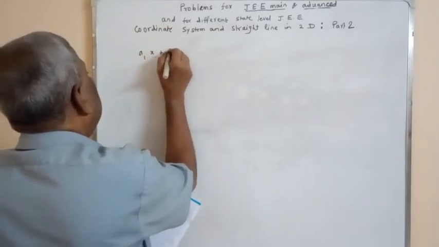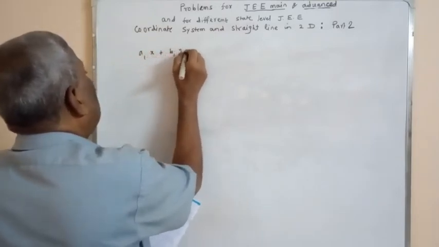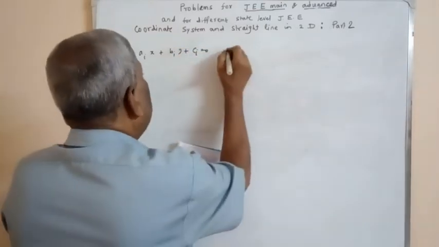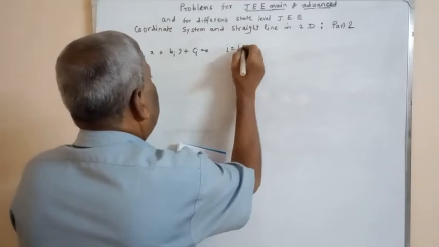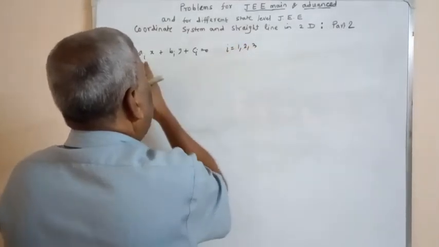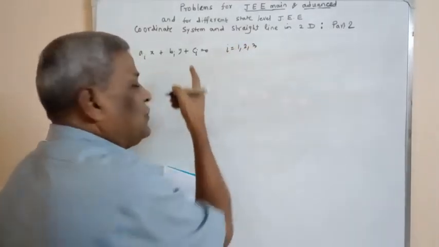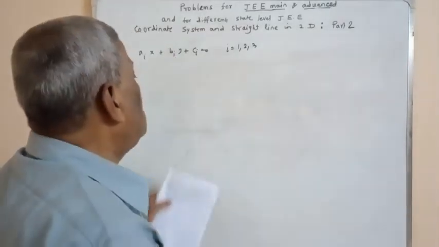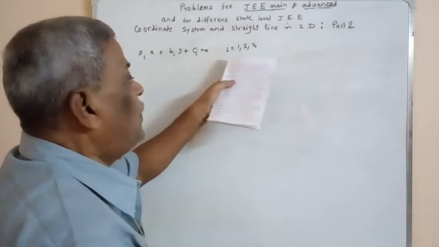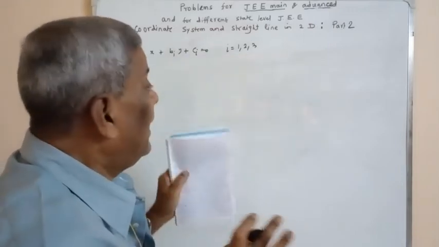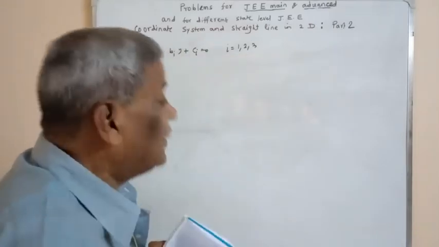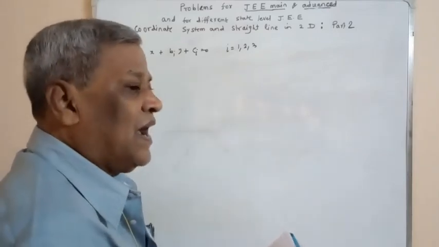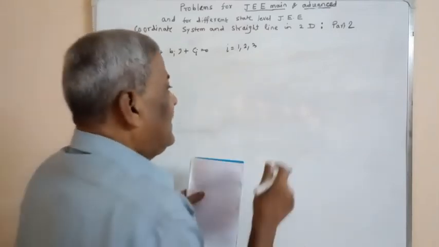AiX plus BiY plus Ci is equal to 0, i is equal to 1, 2, 3. That means A1X plus B1Y plus C1 is equal to 0, A2X plus B2Y plus C2 is equal to 0, and the third one also, are concurrent.